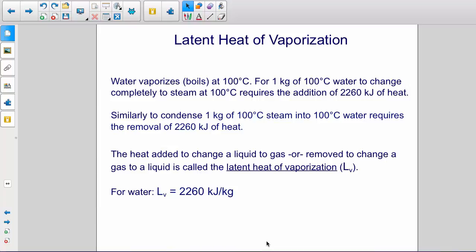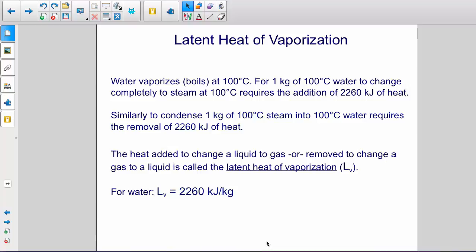Similarly, if we want to condense 1 kilogram of 100 degrees C steam into 1 kilogram of 100 degrees C water, we're going to have to remove that 2,260 kilojoules of heat, or 2,260,000 joules of heat.